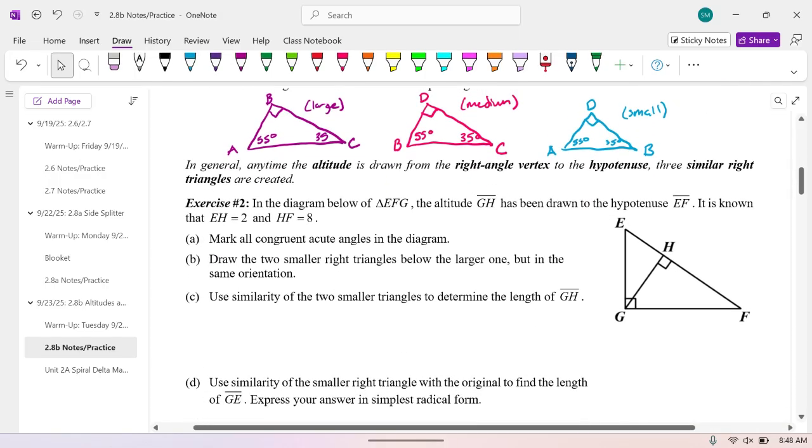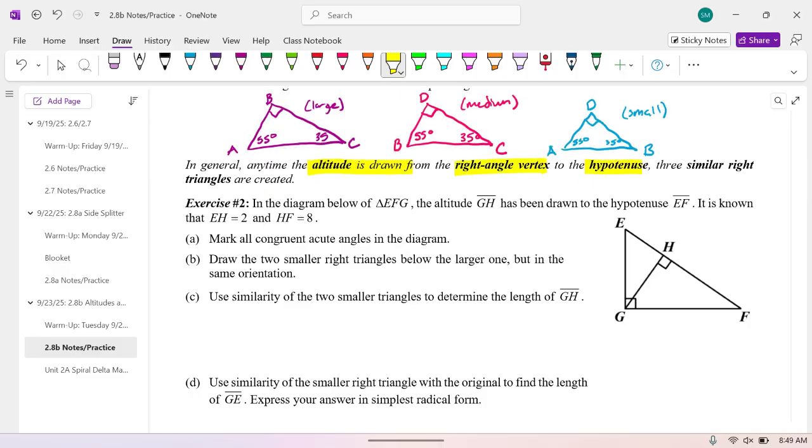It's basically saying that anytime the altitude is drawn from a right angle vertex to the hypotenuse, three similar right triangles are created. All right, so that right triangle includes the one you started with. So the blue triangle in this case would be our original. And then the two that would form the altitude.